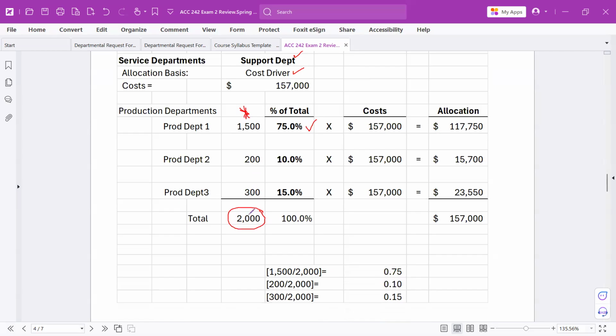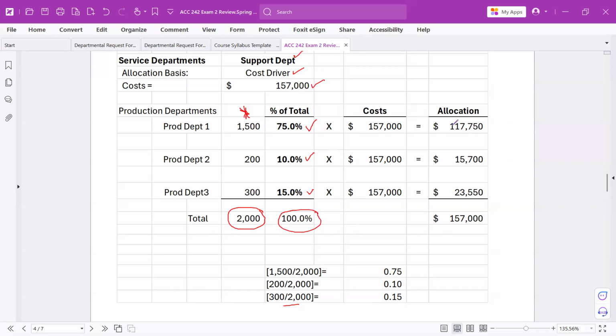200 divided by 2,000 is 0.10 or 10%. And then 300 divided by 2,000 is 0.15 or 15%. So that's our 100%. And we're going to use those percentages to allocate this 157,000. Multiply the percentage times the cost of 157.